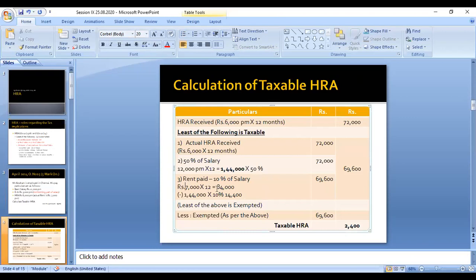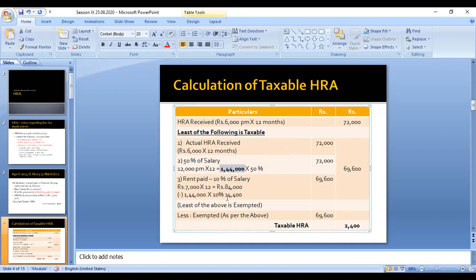So 7 into 10 is 70,000, 2 into 7 is 14,000, so this is 84,000. This is the rent paid. Next, we have to subtract, I put minus here, 10% of salary. Salary you know already, this is 1,44,000. With this salary, you have to multiply 10%.